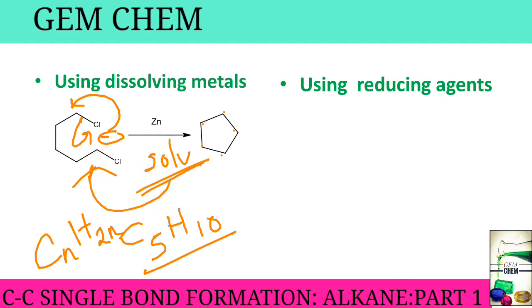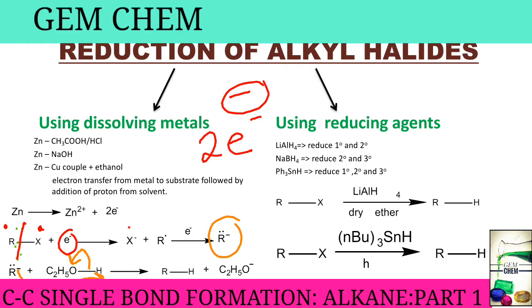Now we will see how the reduction of alkyl halides takes place using reducing agents. This is important. The reducing agents used are lithium aluminum hydride, NaBH4, and Bu3SnH.